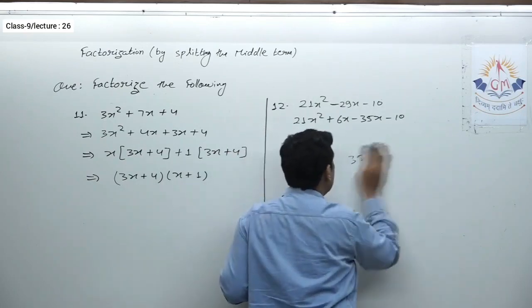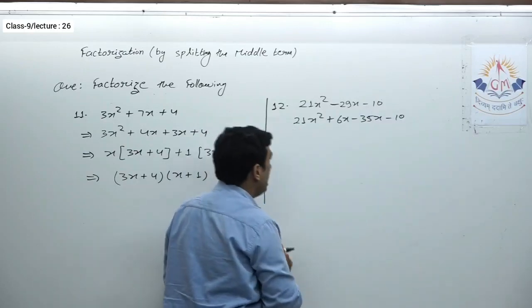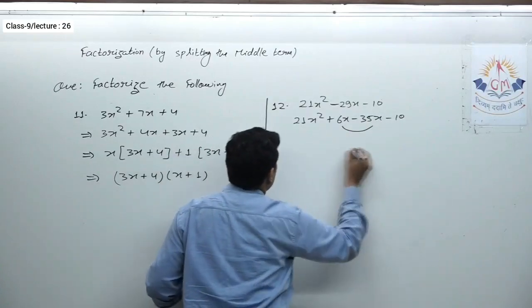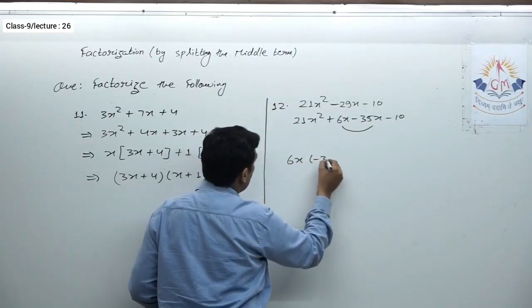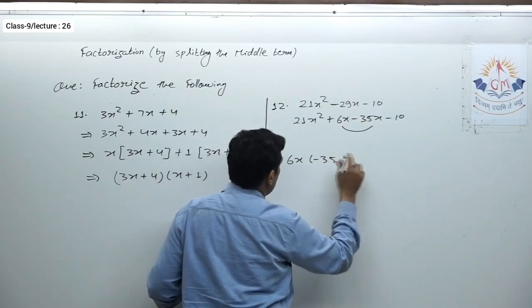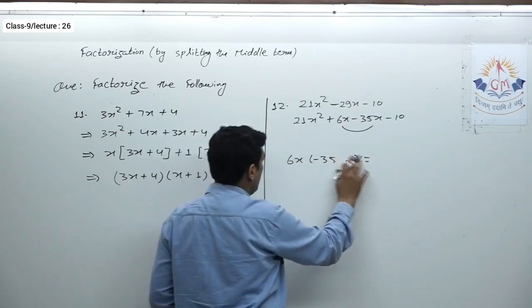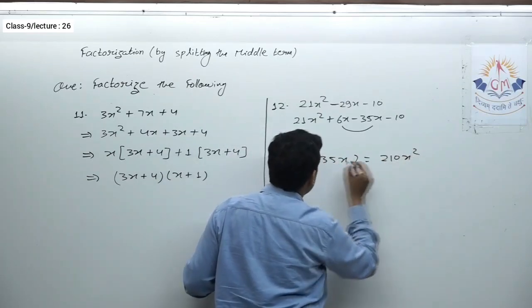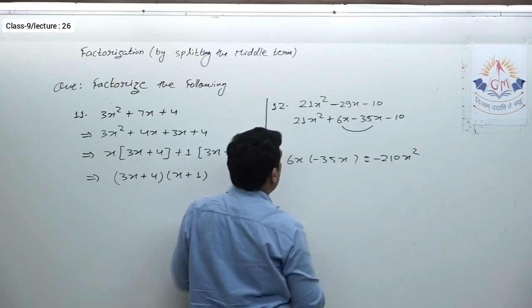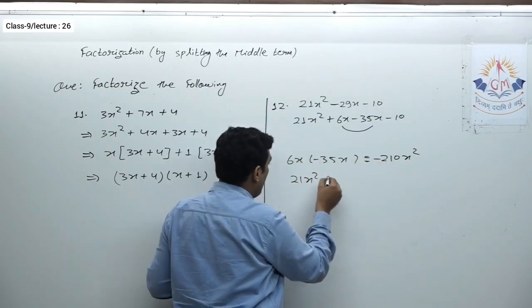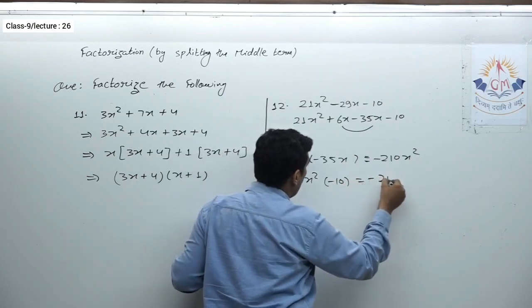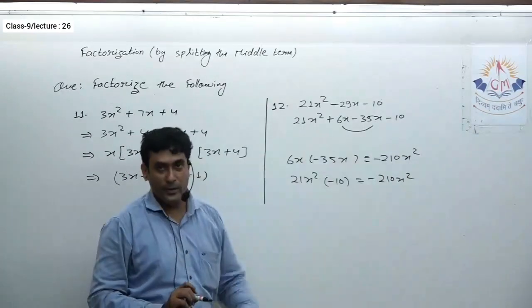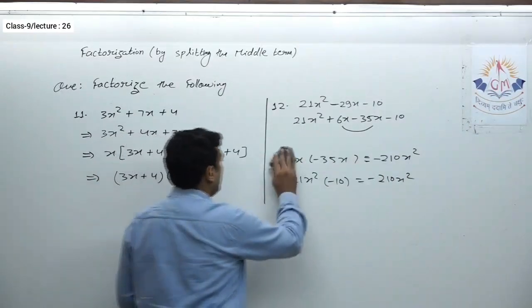Now over here, if you want to check whether the product of these two is equal to the product of these two or not, you can see 6x into minus 35x is equal to 6 into 35, so 210x square with a negative sign. And over here when you multiply this 21x square with minus 10, again you will get minus 210x square. Isn't it? It means this combination is absolutely correct.